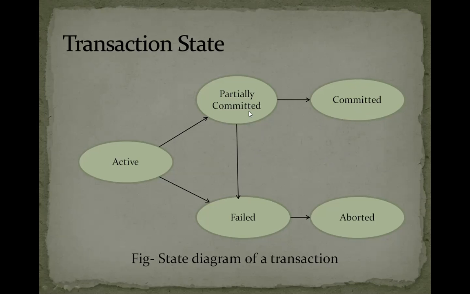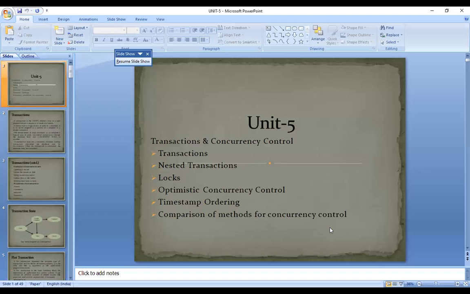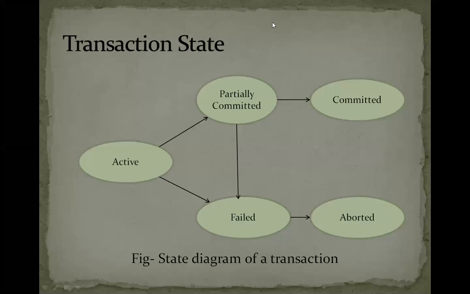So the transaction enters into the failed state after the system determines that the transaction is no longer able to proceed with its normal execution because of a hardware failure or a logical error. Such a transaction must be rolled back. Then it is going to enter into the aborted state.